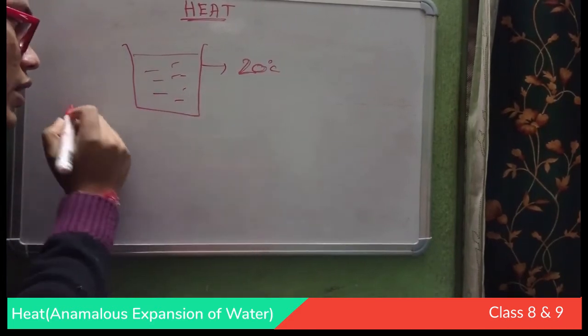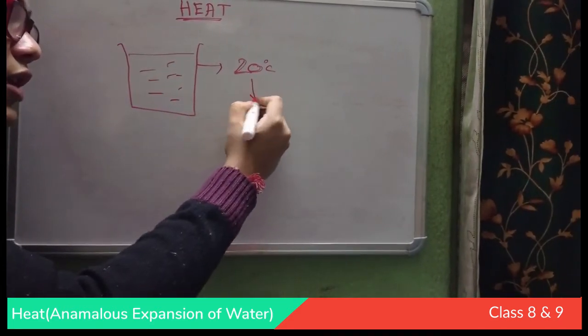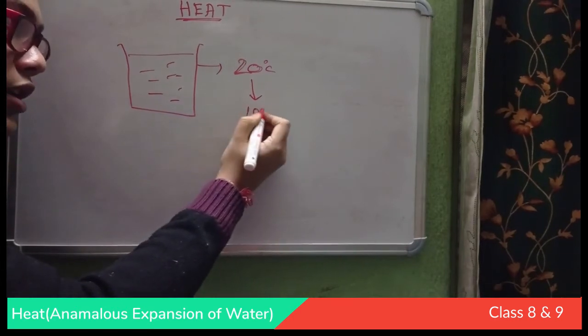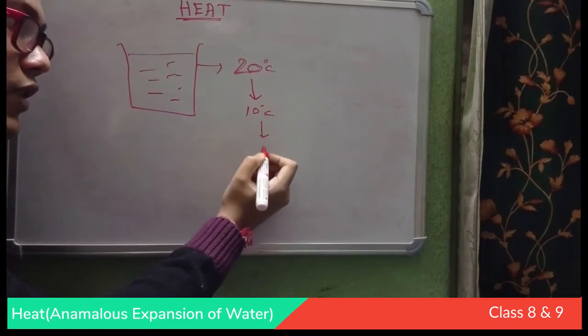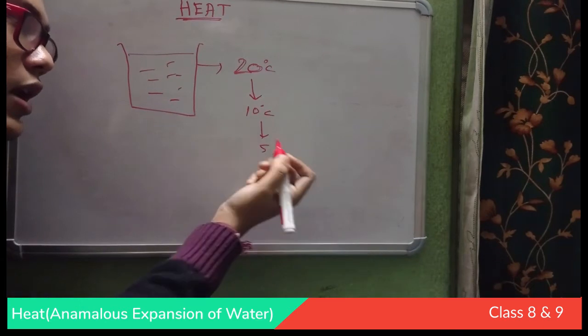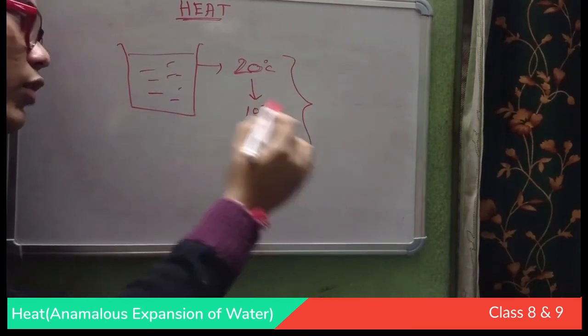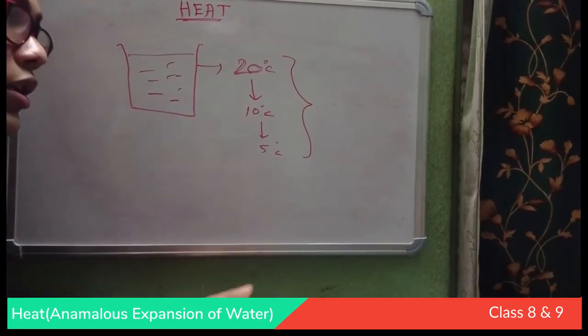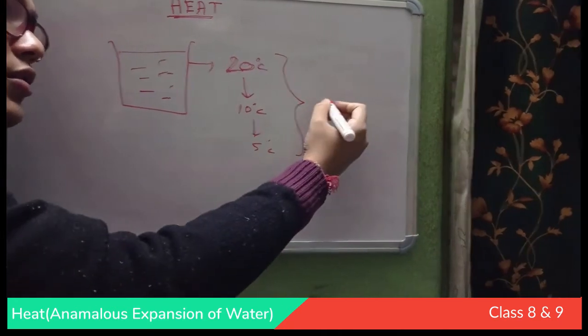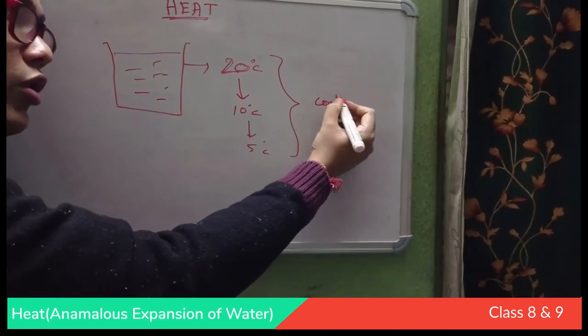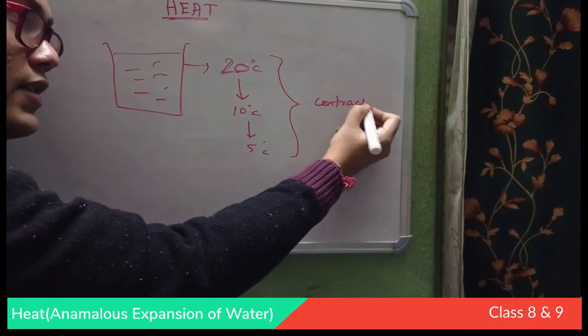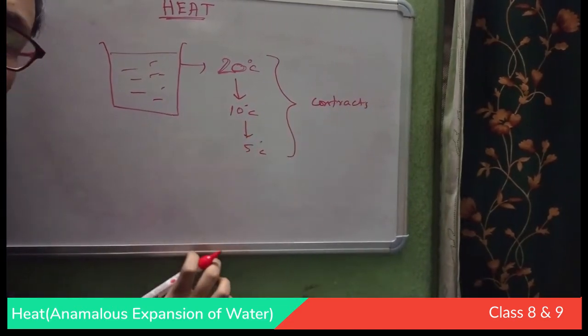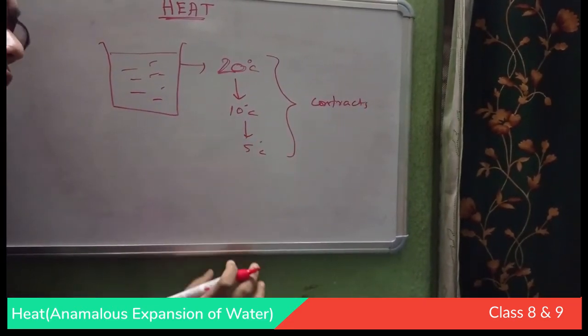After keeping it inside a refrigerator, we are observing the temperature. It comes down to 10 degrees Celsius, it comes down to 5 degrees Celsius, and so on. While the temperature of water is coming down, it is observed that it contracts. The volume decreases and it contracts. This is the natural, usual behavior of water.